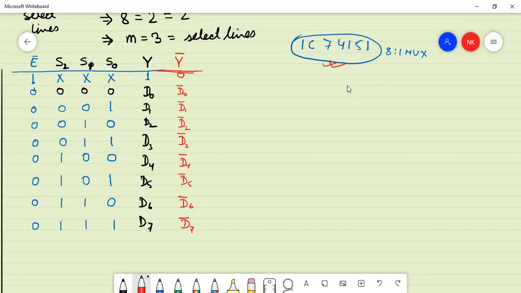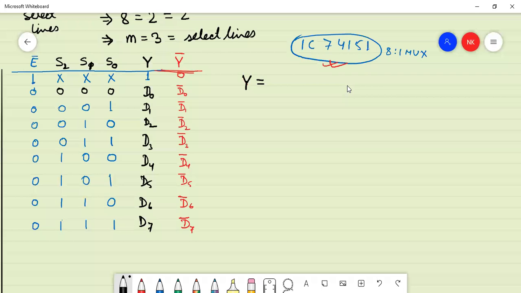So based upon the values of S and S bar, we can write down the expression. Expression for the Y output. So how can it be written?